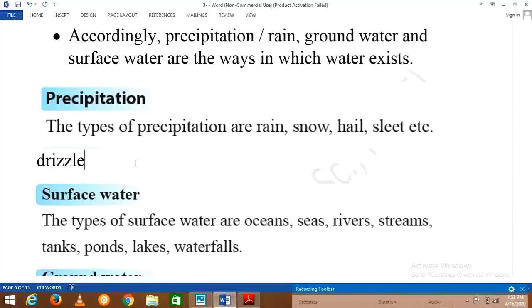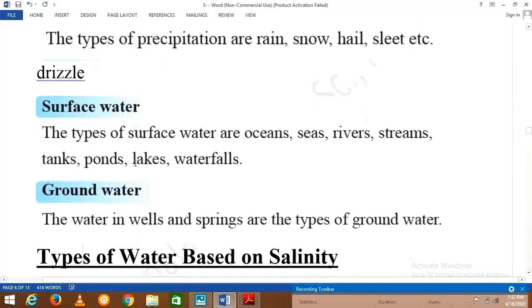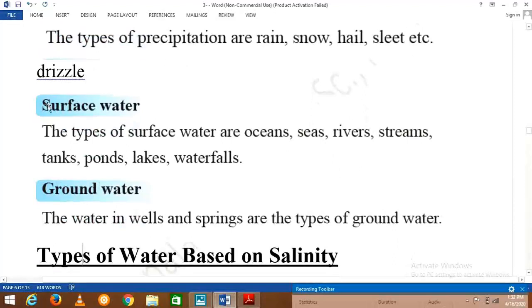Then the second type of water based on availability is surface water. So the types of surface water are oceans, sea, river, streams, tanks, ponds, lakes, as well as waterfalls. We can give so many examples for surface water.